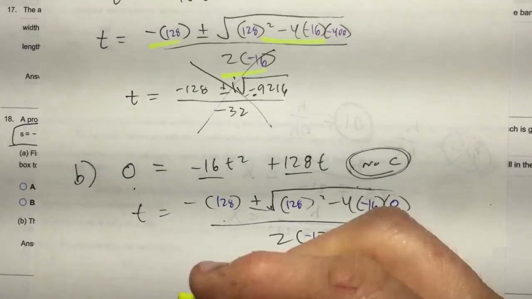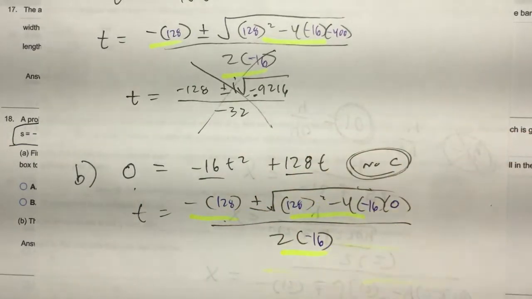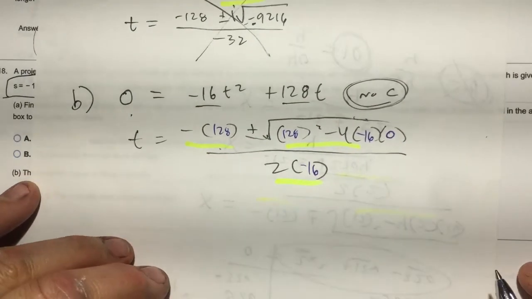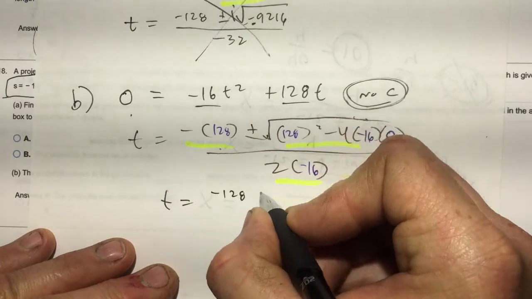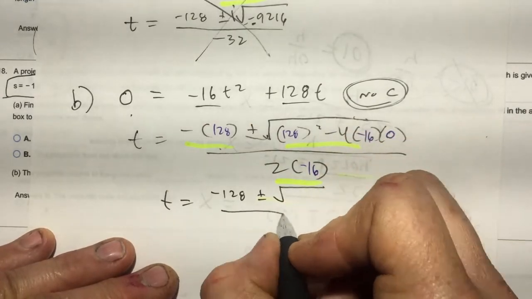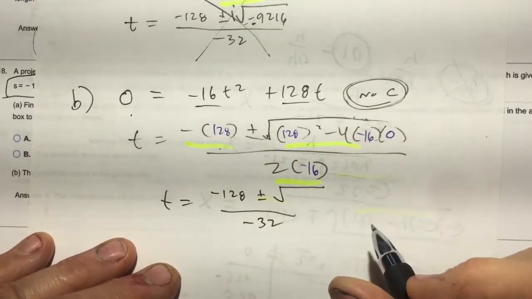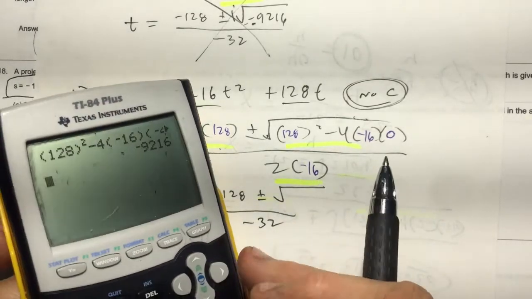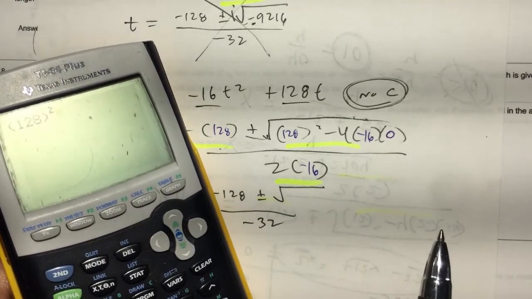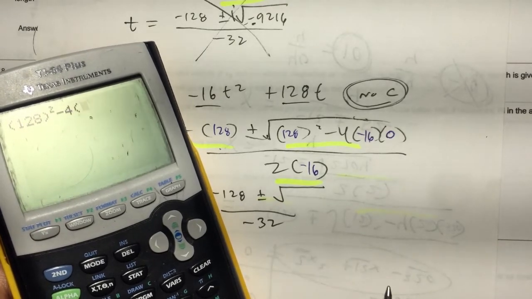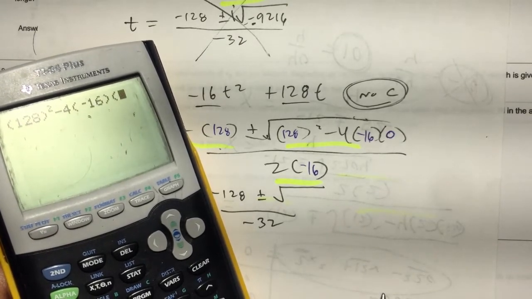All right, and I've got 1, 2, 3 things to do at one time here. Okay, so that means T equals, this is negative 128 plus or minus. Down here I got negative 32. And in my radical, all right, let's punch this in. 128 squared minus 4 times negative 16 times 0.